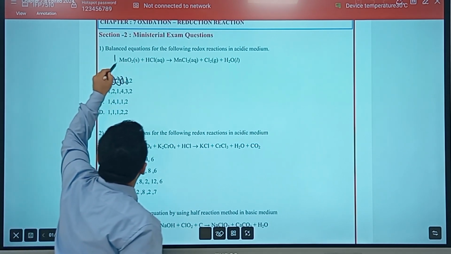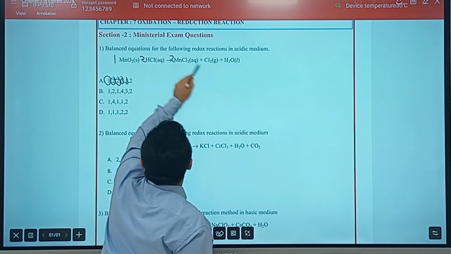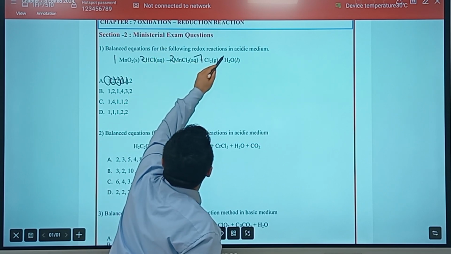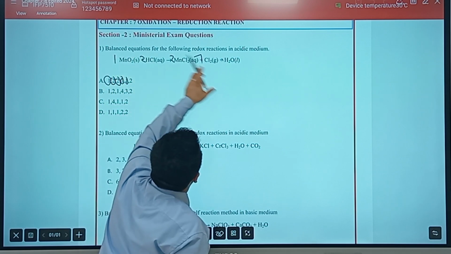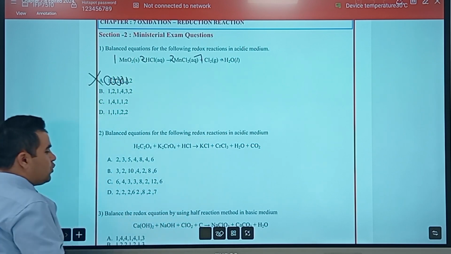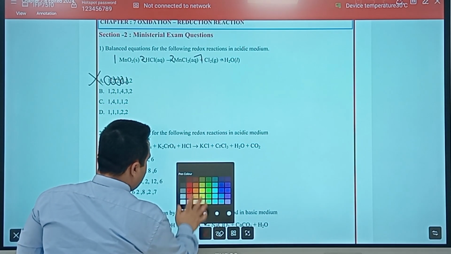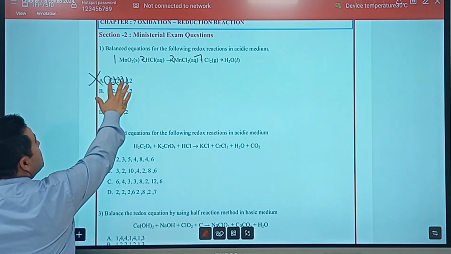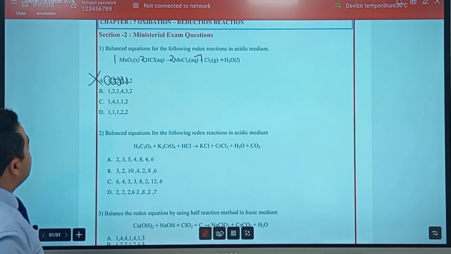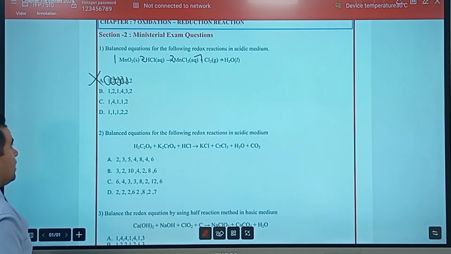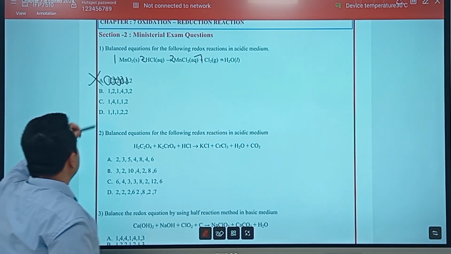For example, 1, 2, 2, 1, 1. This here 2, 6, 2, 5. So the first one is not true to be taken. Why? Because we have got 6 coefficients, but there are 5 reactants and products.